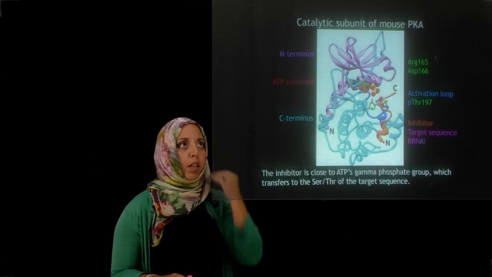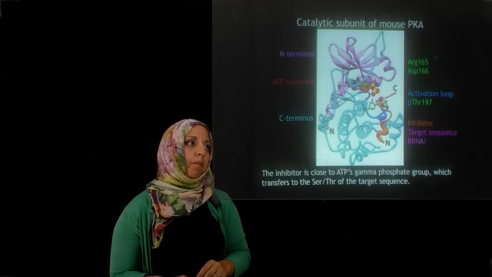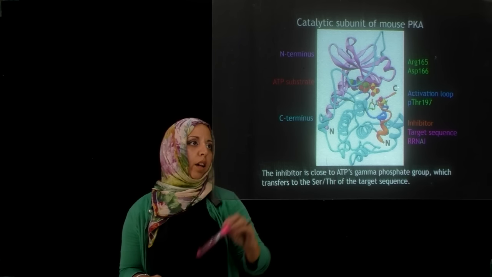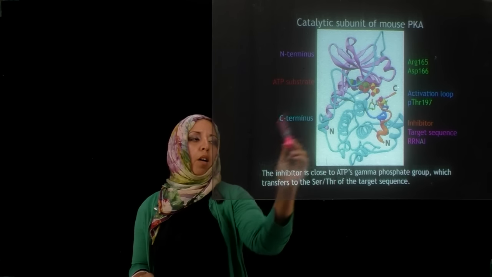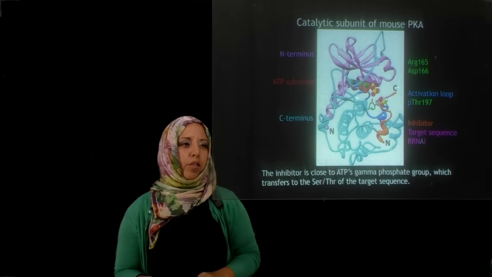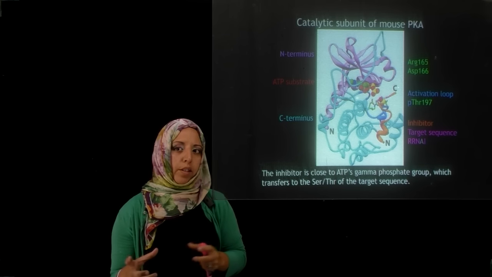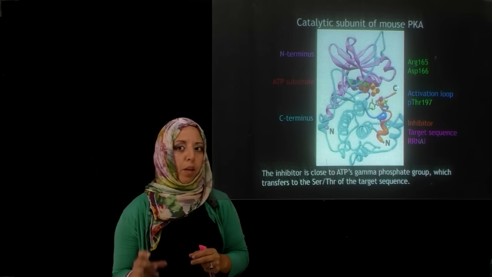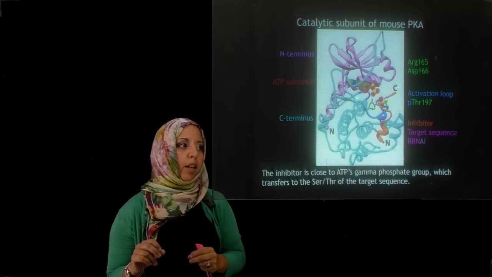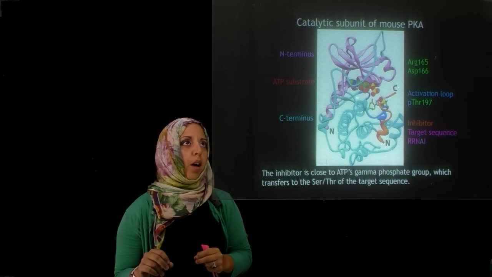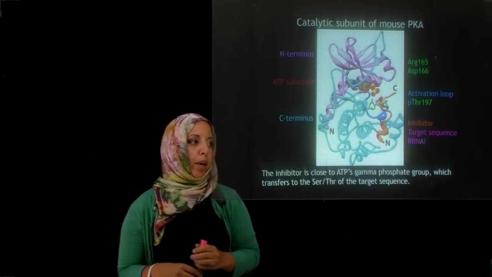Now, the ATP binding domain is shown right here, and it binds to the N-terminal domain, whereas within the C-terminal domain of the catalytic subunit, that's where the peptide or the target sequence that will become phosphorylated is bound, right?